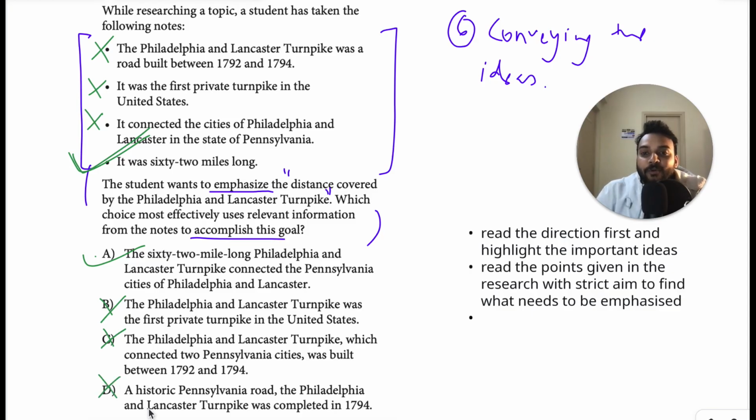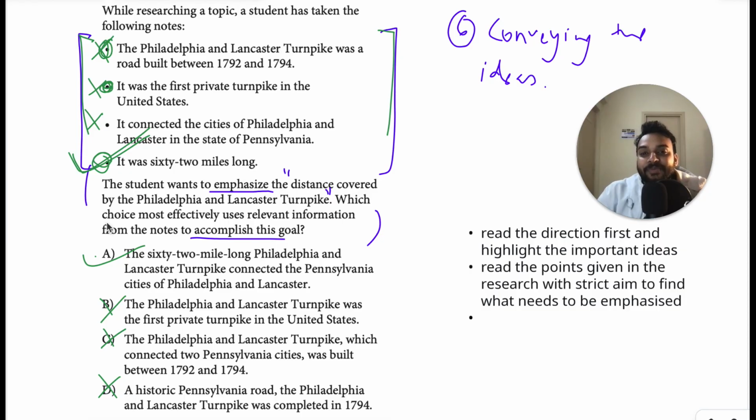Mostly the options would be a near photocopy of the facts given above. Option A is basically parallel to the fourth point. Option B is the second point. Option C, built between, is the first point.